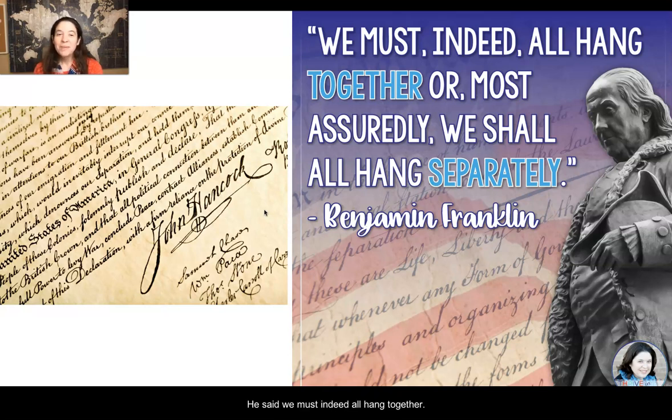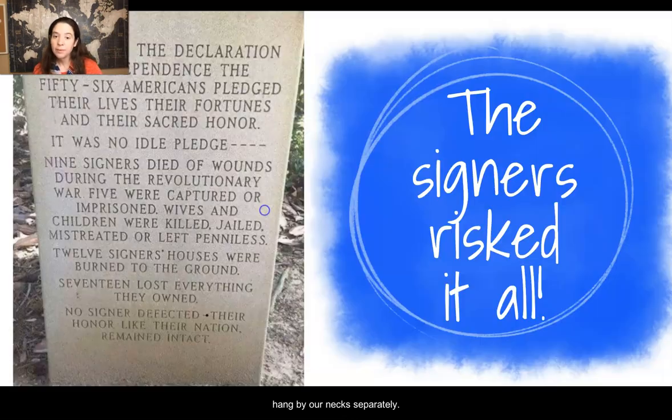He said, "We must indeed all hang together," meaning all of the colonies must stick together, "or most assuredly we shall all hang separately." So if we don't stick together on this issue or with this document, we are all going to hang by our necks separately.